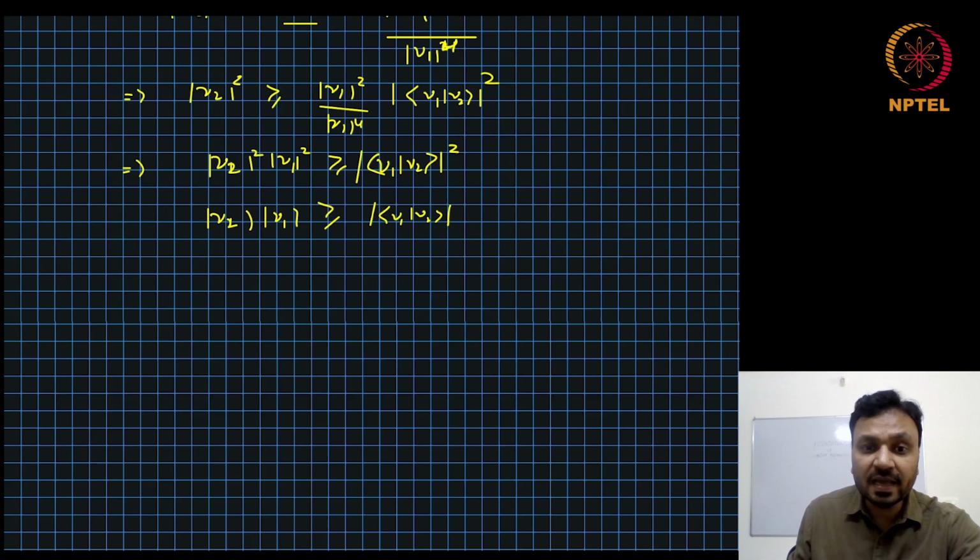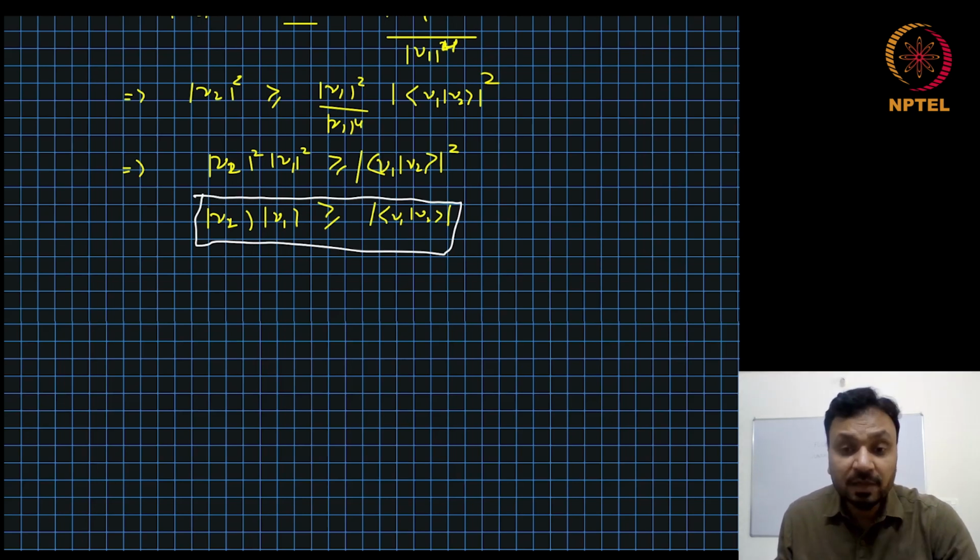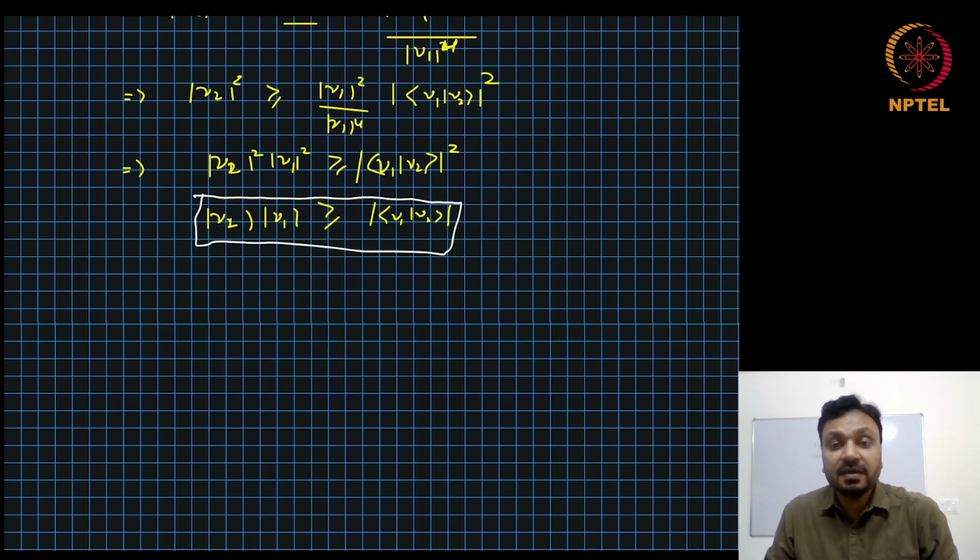What we have achieved here is that the inner product of two vectors is always less than the product of their lengths. This is what we are saying. So if you have two vectors v1 and v2, and you take the product of their length, that will always be greater than the inner product of the two vectors.